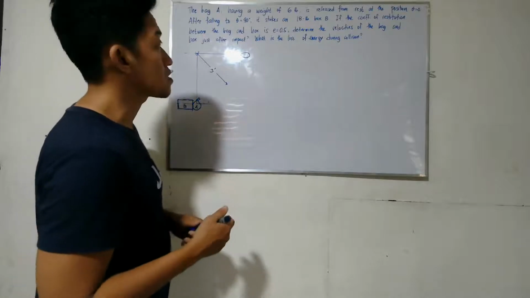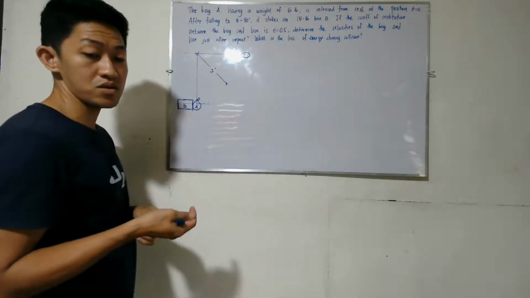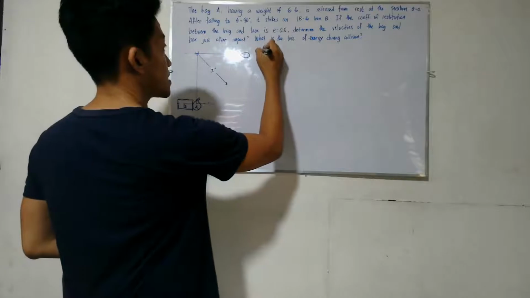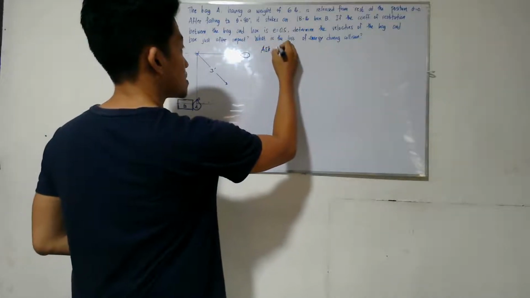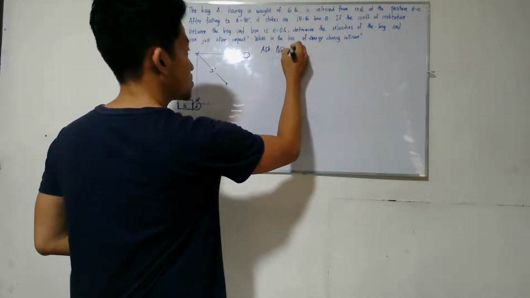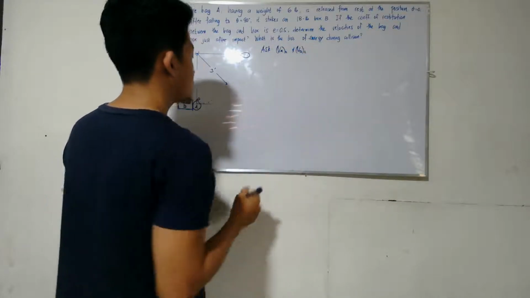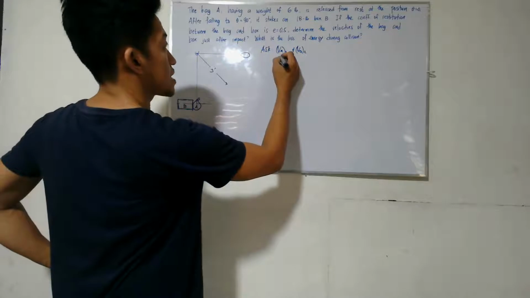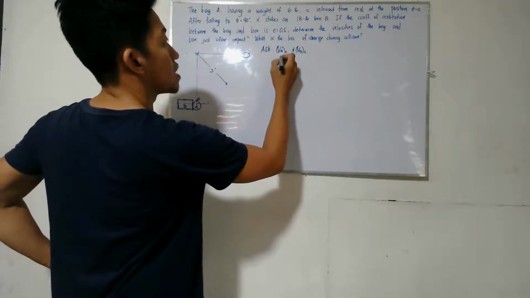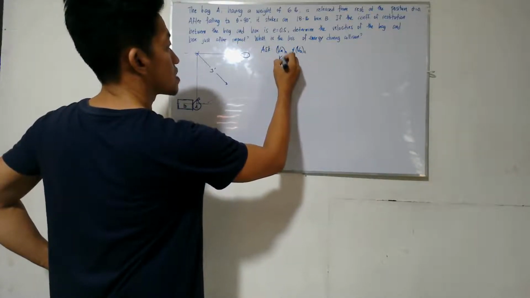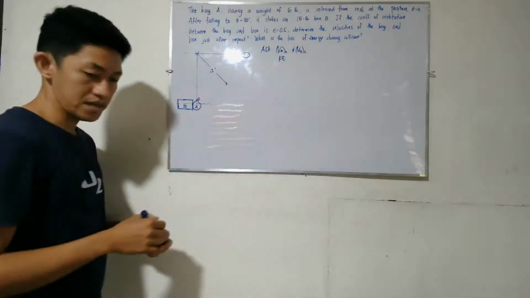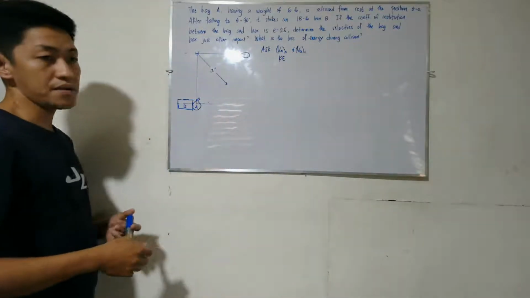And also, what is the loss of energy during collision? So you're asked to find velocity A2 and velocity V2, and also the loss of kinetic energy.